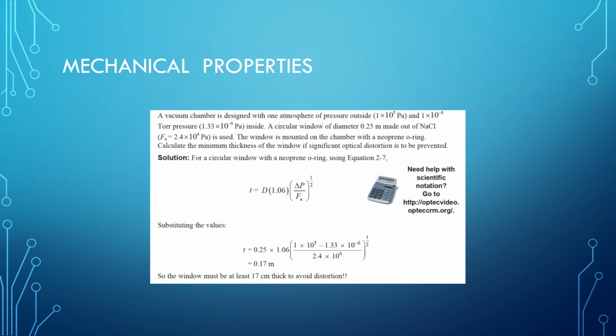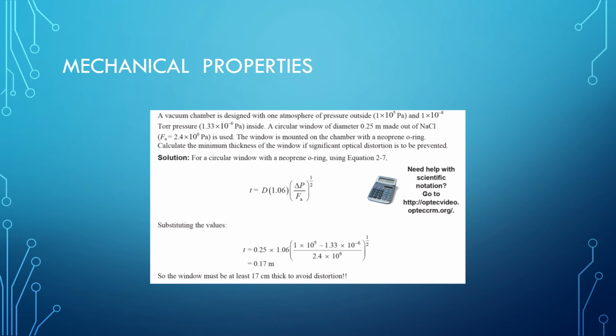A circular window of diameter 0.25 meters made out of NaCl, which is sodium chloride, which has an FA of 0.24 times 10 to the 6 pascals, is used. The window is mounted on the chamber with a neoprene O-ring. Calculate the minimum thickness of the window if significant optical distortion is to be prevented.